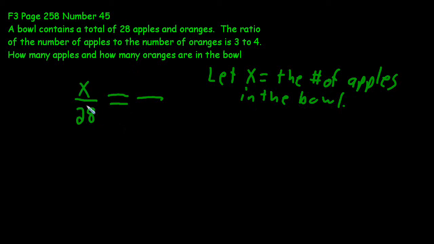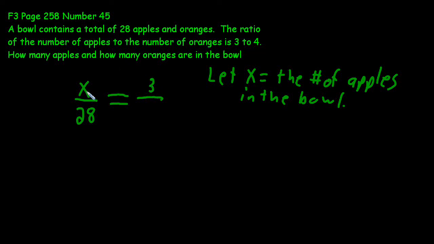Let's see, over here, the ratio of apples to oranges is 3 to 4. The apples came first, then oranges, so the 3 would correspond to the apples. And so we have x apples out of a total of 28.